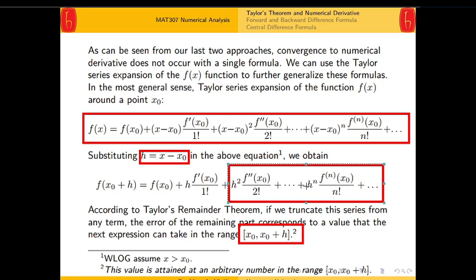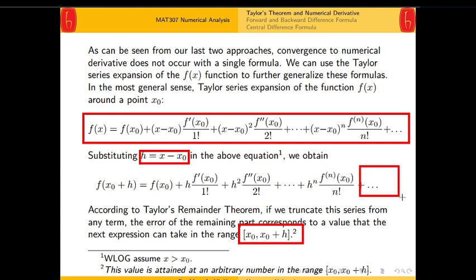If we truncate from the nth term on, the error will be h to the n plus first times the n plus first derivative of f at some point in this interval divided by n plus 1 factorial. This is something we know from Taylor's remainder theorem.